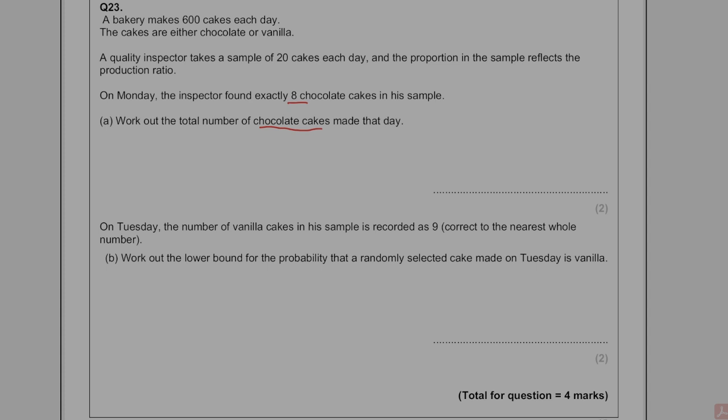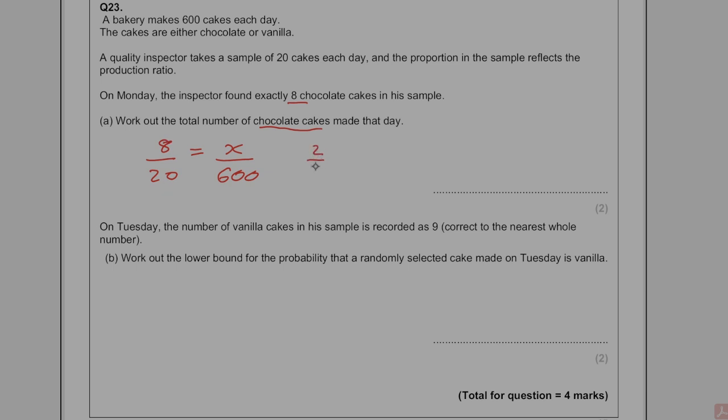Okay, so 8 out of 20 needs to be equivalent to the number of chocolate cakes made out of 600. How we simplify this is up to us. I'm going to start by saying that's the same as if I divide both of them by 4.